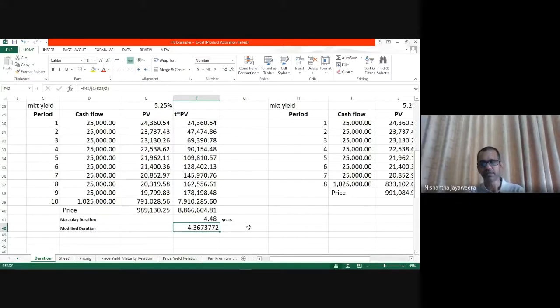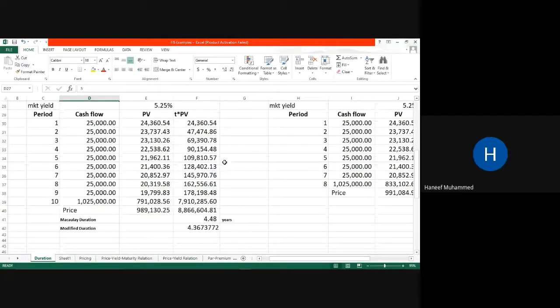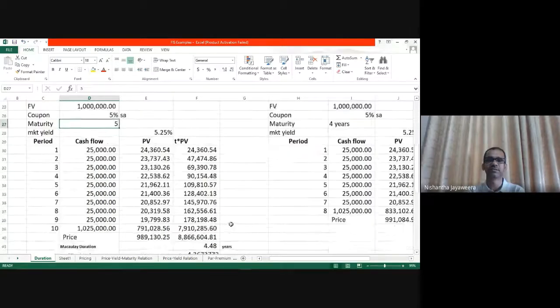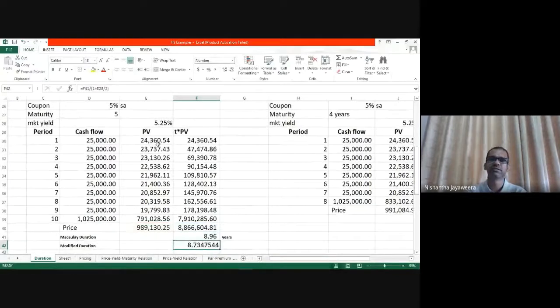4.36. So the one concept I couldn't mention: the duration cannot be more than the maturity period of the bond. If it is a 5-year maturity bond, the duration should be 5 or less than that. In the previous calculations, we got 8 point something, which is why I said this can't be, as the maturity is only 5 years.